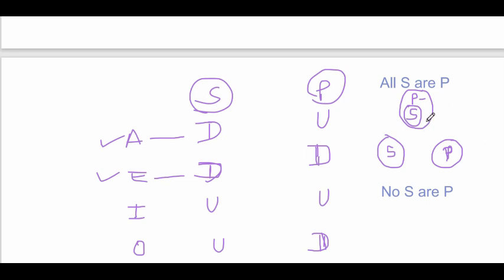So we'll have to explain in this way, for the E proposition type I'm saying, no members of the class S is in P and no members of class P is in S, the reverse way also. Therefore, they are completely distributed.